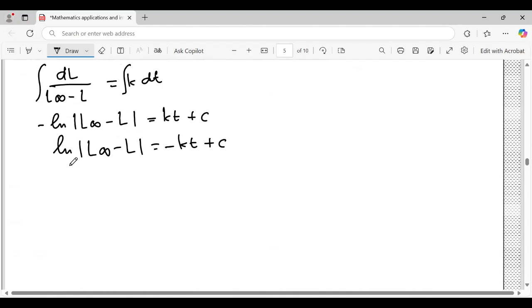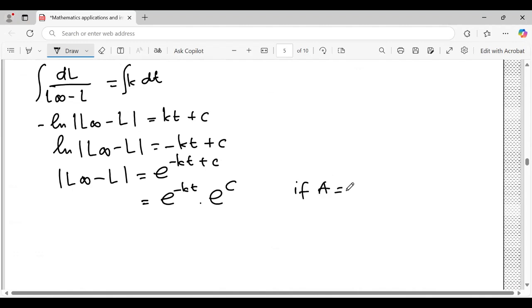Based on the log rule, we can write that L infinity minus L equals e to the power of minus kt plus c, or e to the power of minus kt times e to the power of c.